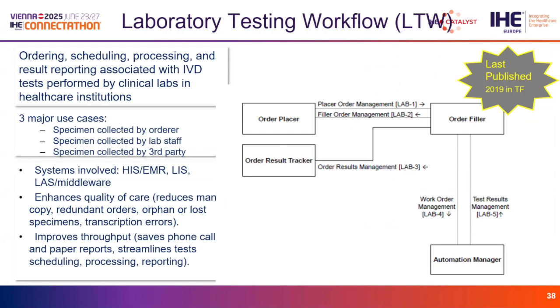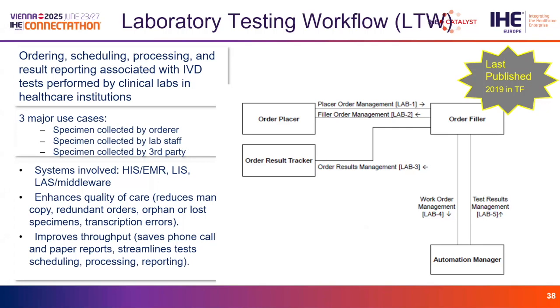So the order filler is responsible to communicate to the automation manager which are the tests to execute and in which specimen, and then the flow will go on with the automation manager that divides this order in some work order steps and sends it to the analyzers.